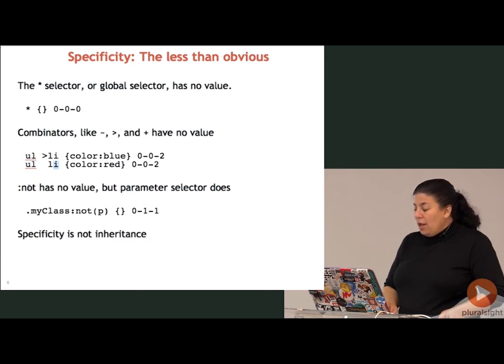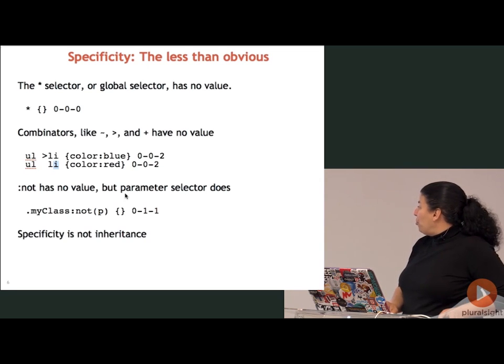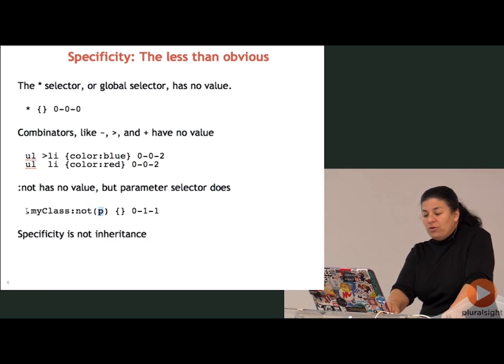And then the not has no value, but the parameter does. So this right here, you're getting a 0-1-0 from my class, and you're getting a 0-0-1 from the P. And specificity is not inheritance. When I hit this word, I always forget what I meant by that.